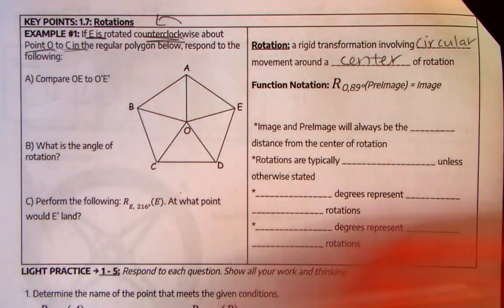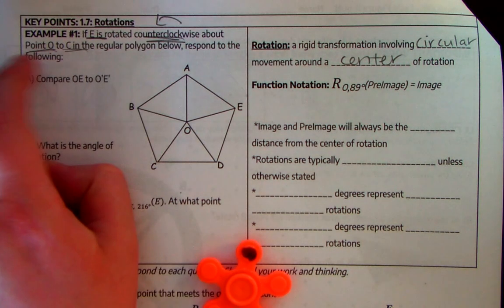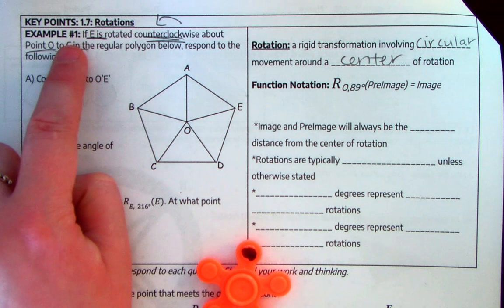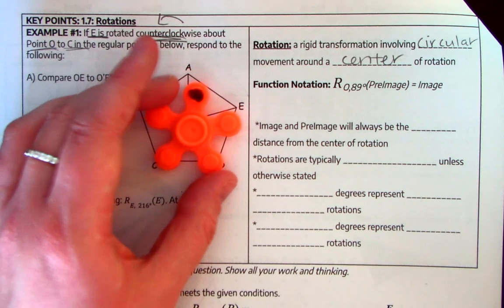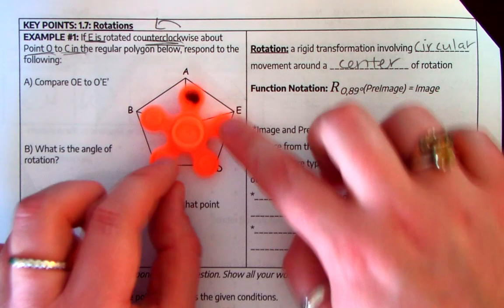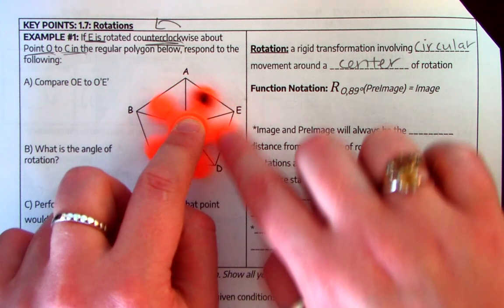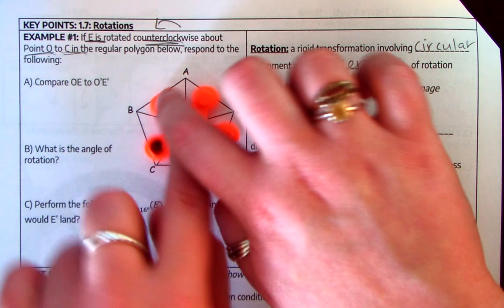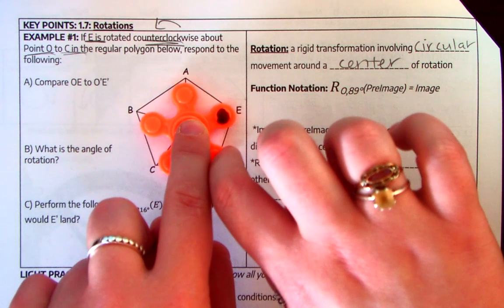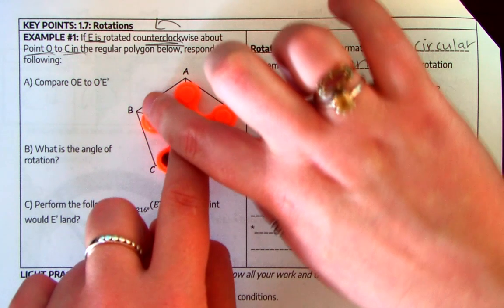My goal is, I'm rotating E about O, so the center of rotation is O, to C in this regular polygon. So I can think of my center as O, right? I'll put this black dot at E. And my goal is to rotate it counterclockwise to C right there. Okay? So that's the rotation. Starting at E, counterclockwise to C.